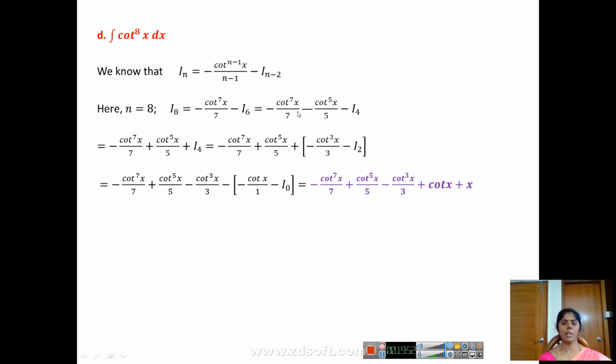Again replace this first term as it is, minus of cot to the power 5x divided by 5, minus I4.